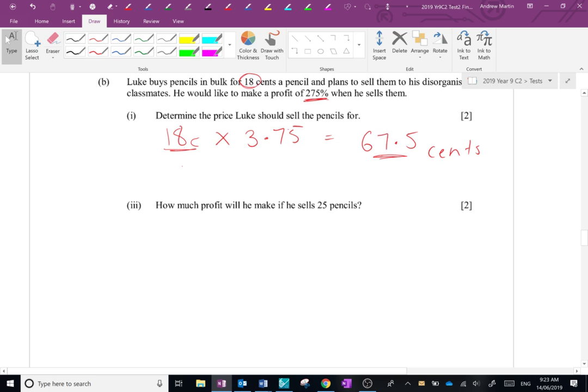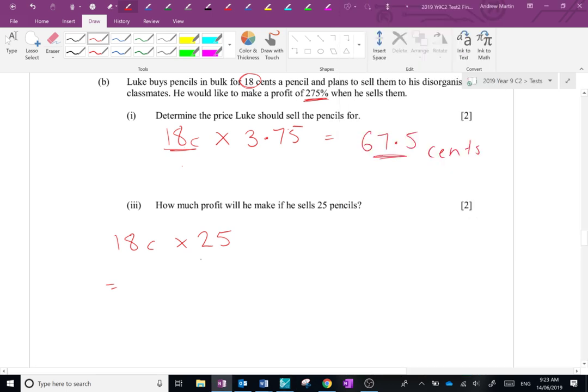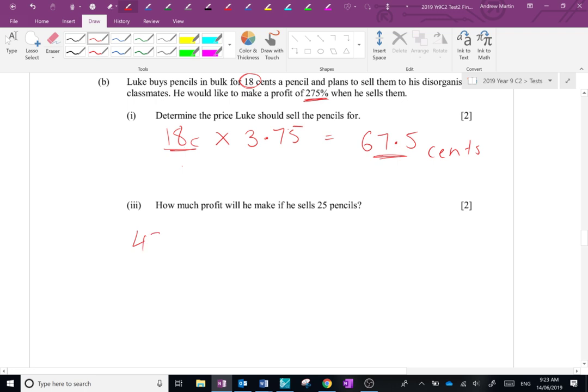Okay, so he will outlay 18 cents times 25. Or actually, probably the quickest way would be just to work out how much he makes per pencil and then multiply that by 25. So we worked out that 49.5 cents was his profit per pencil.